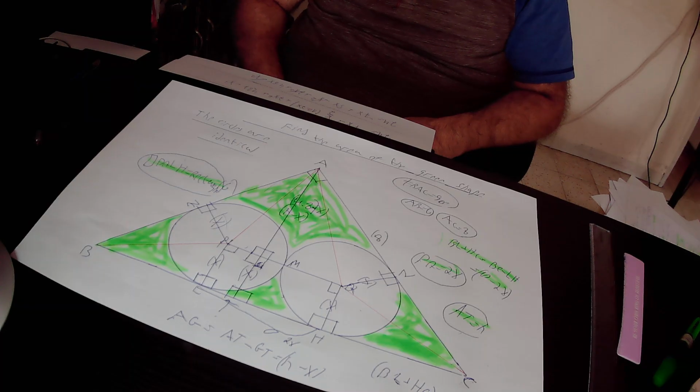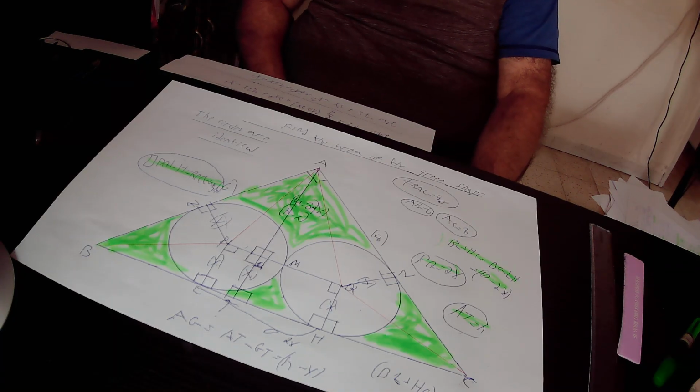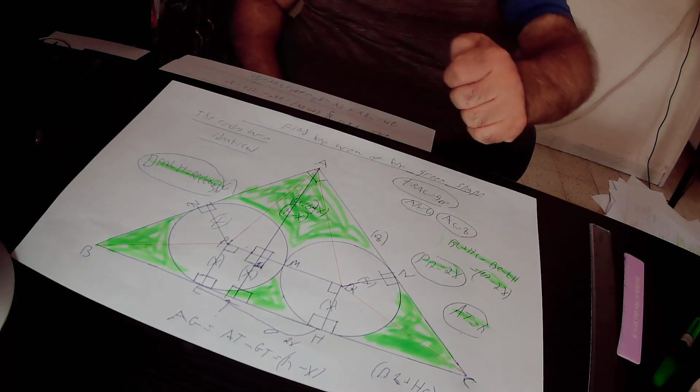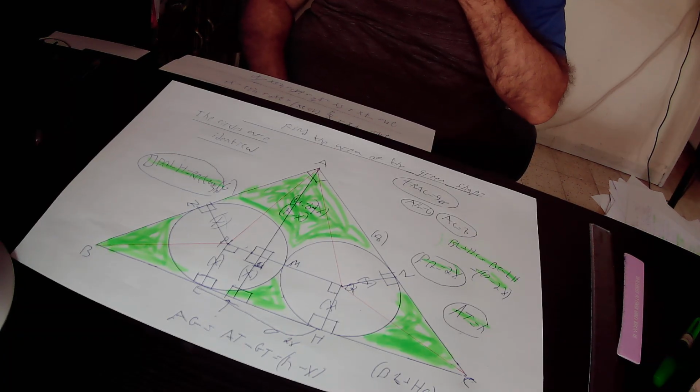So what is the area of triangle ABC? The area of triangle ABC must be equal to the sum of the 6 shapes that it consists of. The big triangle ABC consists of 6 shapes in total.